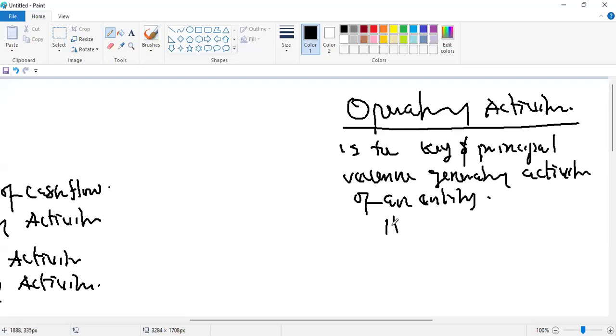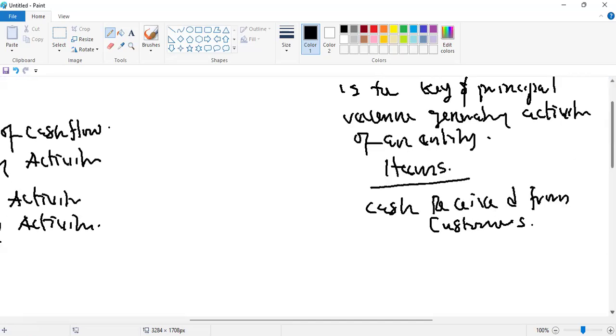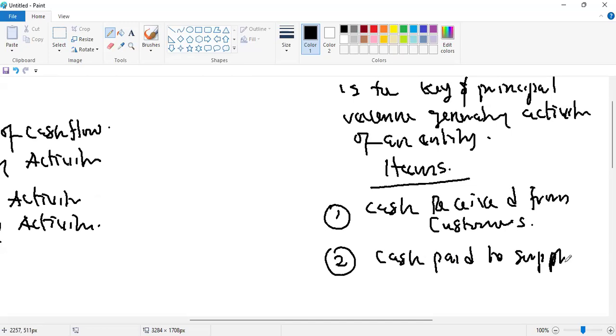So if they ask you what are the items under operating? We have cash received from customers. If I don't receive from my customers, the business will collapse. Two, cash paid to suppliers.